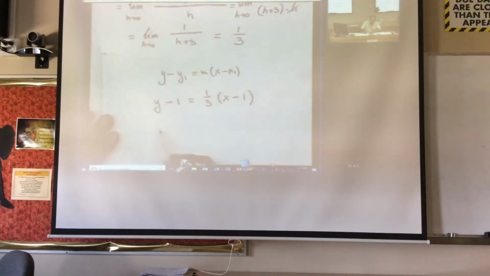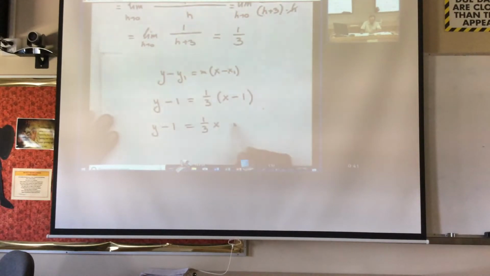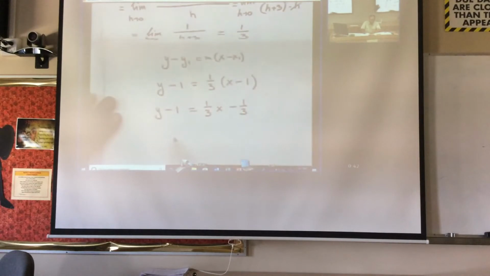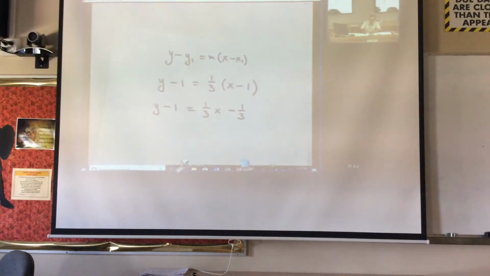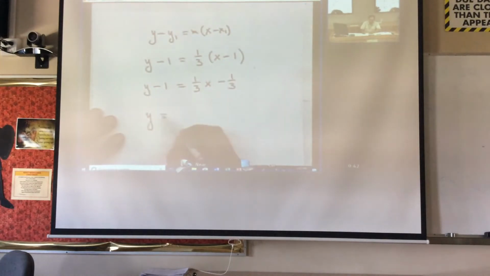So y minus 1 equals 1/3 x minus 1 over 3. So we're going to add 1 to both sides. So y equals 1/3 x plus 2/3. And this will be the equation of the tangent line.